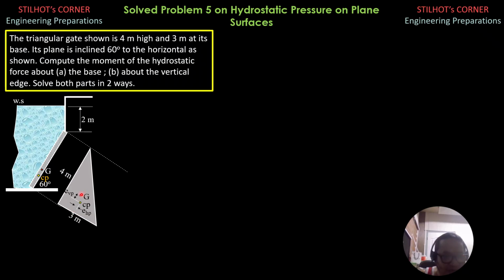So this is G, and let's anticipate this is CP. The vertical distance of the centroid and CP along the plane of the plate is denoted by E sub VP, while their horizontal distance along the plane of the plate is denoted by E sub HP.